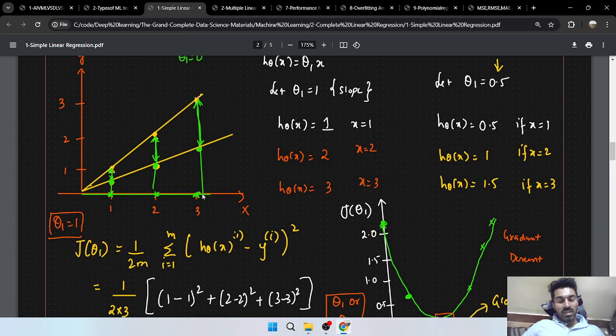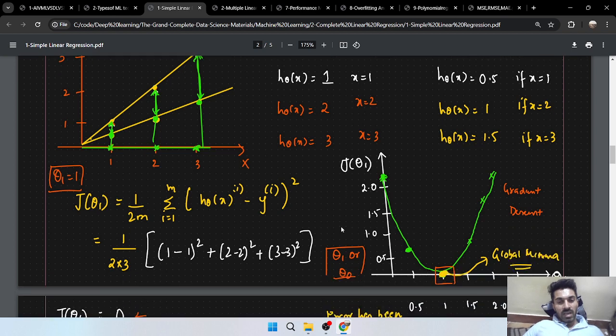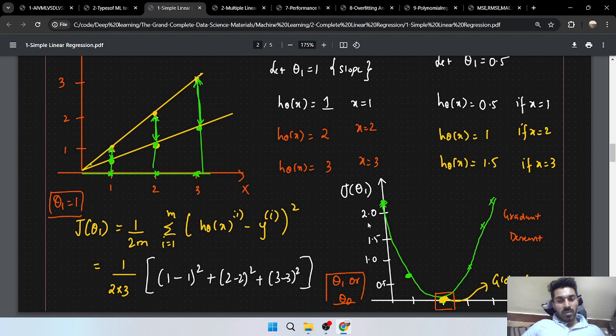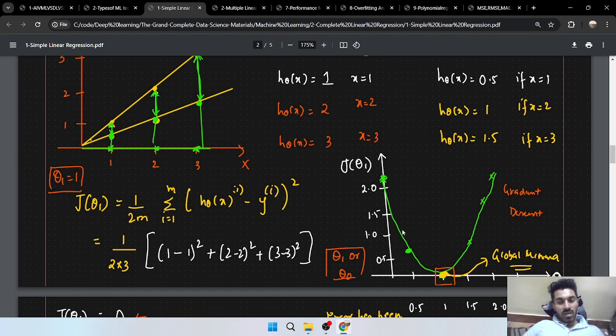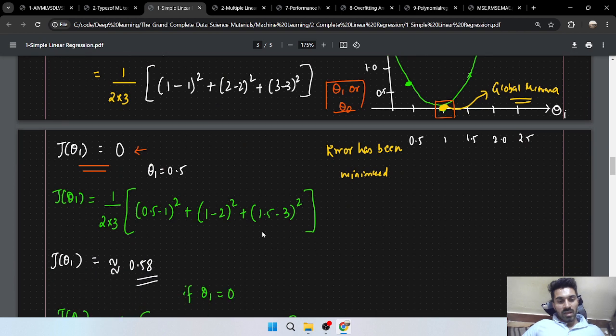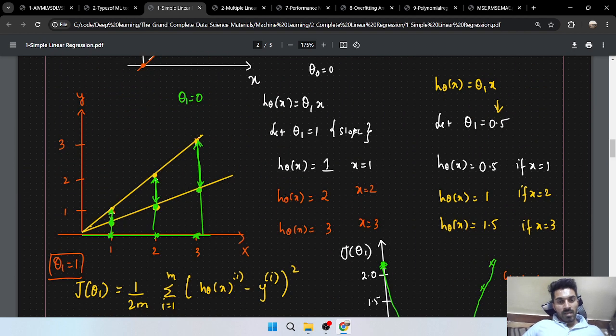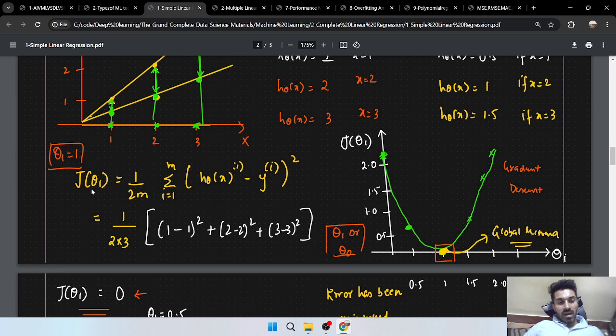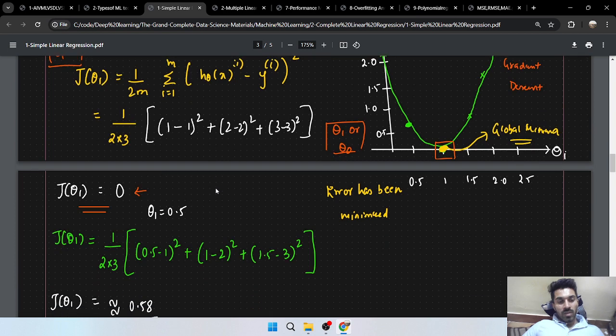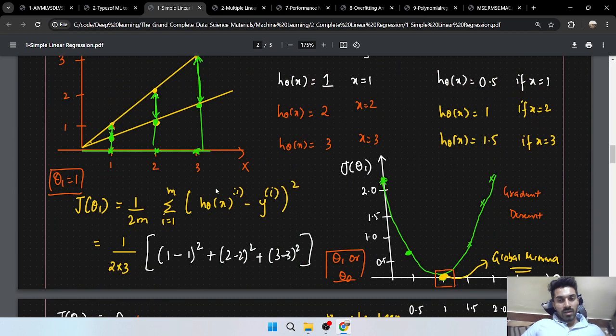Basically, in the starting we take any m value, and corresponding to that m value we will get some error. Error means a cost value, the cost function. Suppose at the starting you have taken some values like this, and after applying this formula you will get some error.